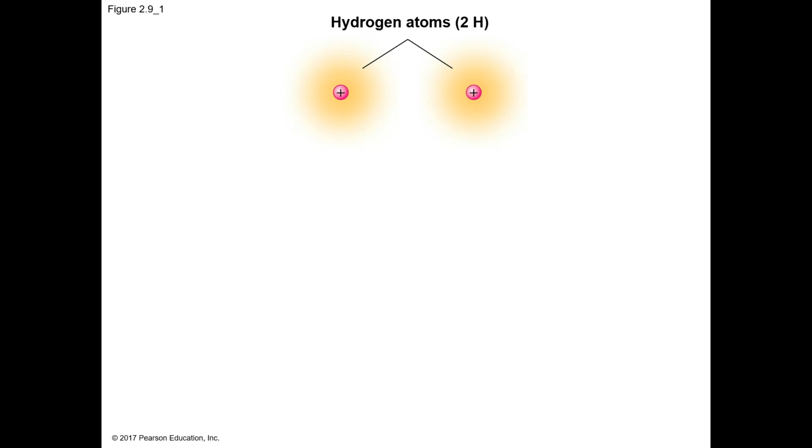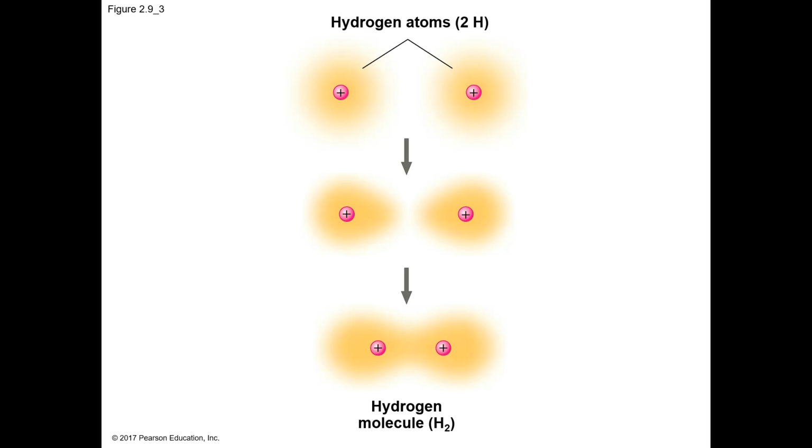Okay, so here we have hydrogen. You have 2 positively charged protons there in the nucleus depicted by the pink balls, and then you have the electron clouds there in the yellow. Okay, you can see as they start to move closer to each other, you start to get an oblong, or egg shape there, where they start kind of pinching in towards the center as they start to form a bond, and then they form a bond between these two where the electrons are actually shared back and forth between the two.